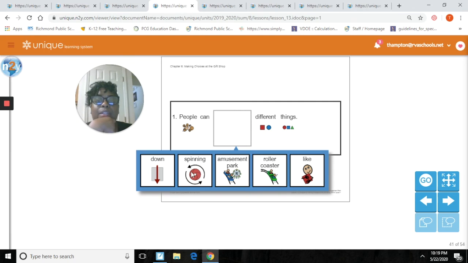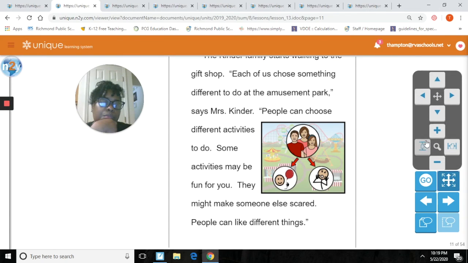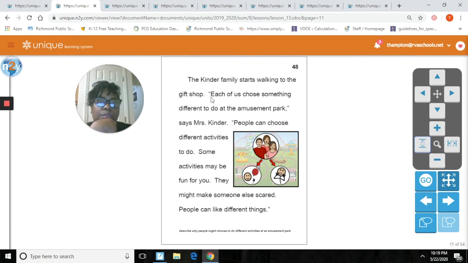Okay? So now what we're going to do is we're going to go to our story to help us find the answer. And we see here the Kenneth family, they start walking to the gift shop, right?